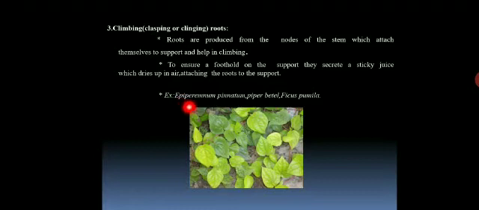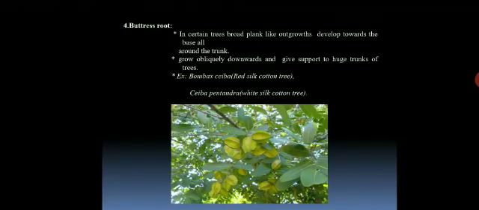For example, Epipremnum pinnatum, Piper betle, Ficus pumila. These are some examples for climbing root. Epipremnum pinnatum is commonly called the money plant or pothos plant. Piper nigrum, vetrilai in Tamil. These are some examples for the climbing root.